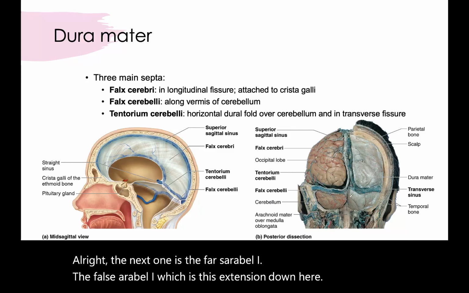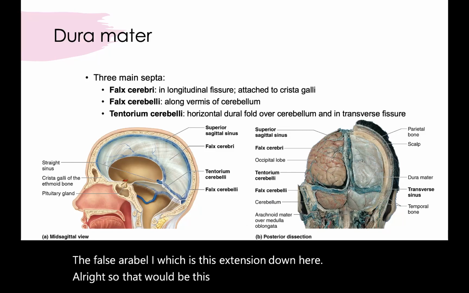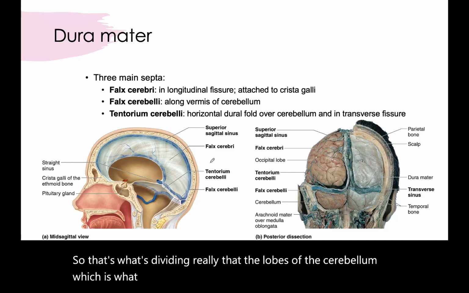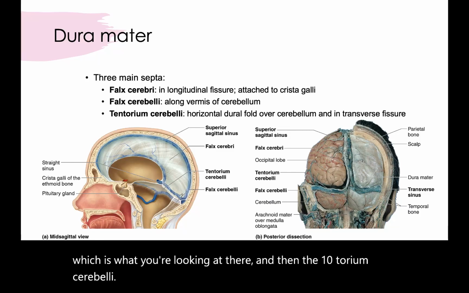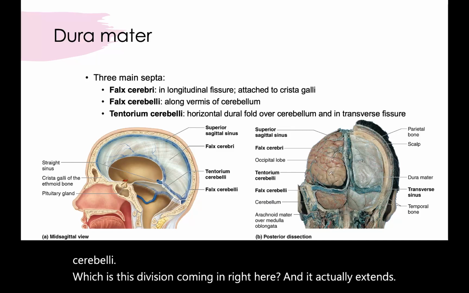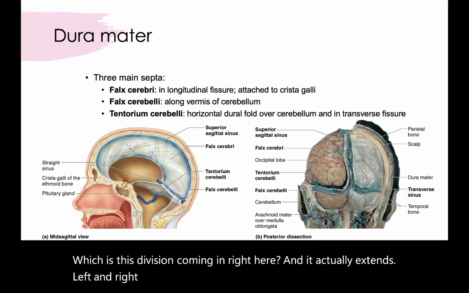So that would be this division right here. That's what's dividing the lobes of the cerebellum, which is what you're looking at there. And then the tentorium cerebelli, which is this division coming in right here, and it actually extends left and right. And so that tentorium cerebelli would be separating left and then going this way as well.